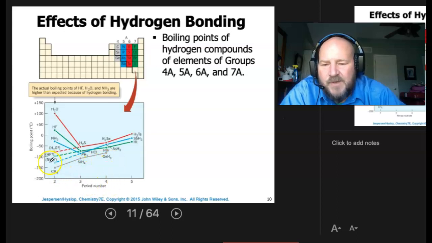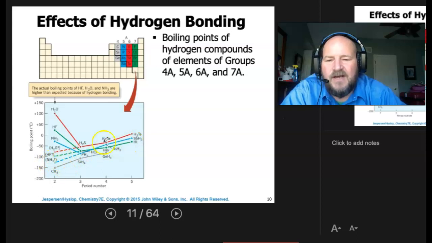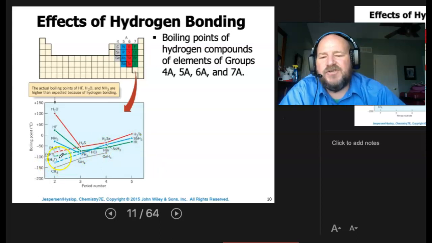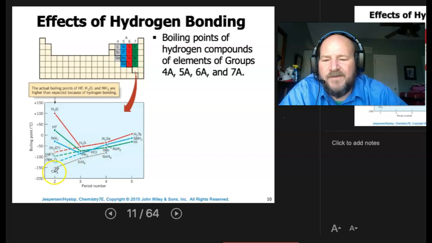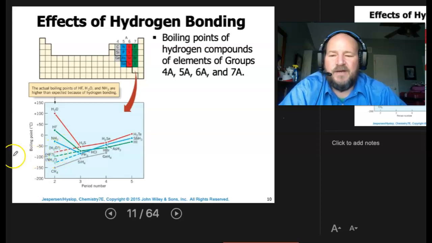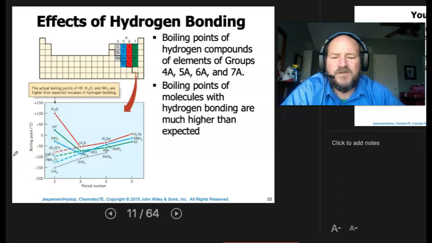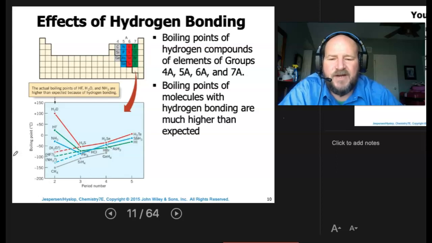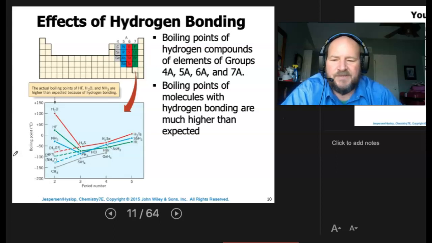If we look at ammonia, you can see it travels along the line where we do have some hydrogen bonding, and you have a larger effect than with methane. Same thing with HF, and H2O is way up there. So boiling points of molecules with hydrogen bonding are much higher than what we might expect.